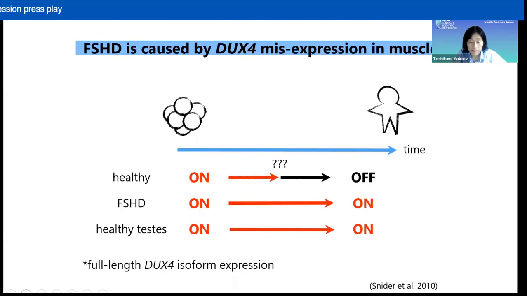This disease, FSHD, is caused by misexpression of DUX4. DUX4 is a very toxic gene. It's usually expressed only at a very early stage in development, and it's not expressed in adults. But in FSHD patients, it's misexpressed in muscle, and it's only expressed in the testis in healthy individuals, but it's very toxic in muscle. So we target this gene basically using antisense oligos.